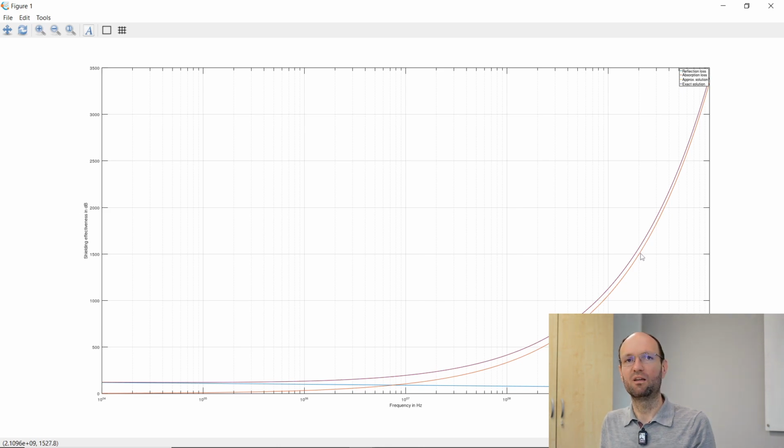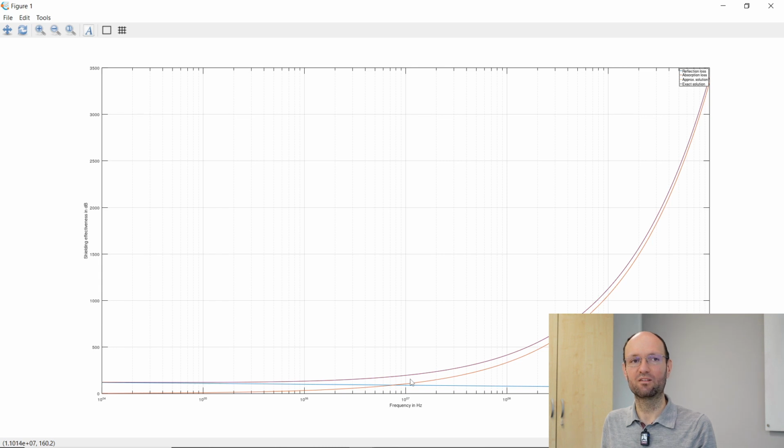Okay, yeah, and so then we would expect that after some certain frequency, so here this is 10 to the power of 4, this is our 10 kilohertz, 100 kilohertz, this would be 1 megahertz, 10 megahertz, 100 megahertz, 1 gigahertz, 10 gigahertz. So starting from here, at let's say 10 megahertz, we have 30 meter of wavelengths.